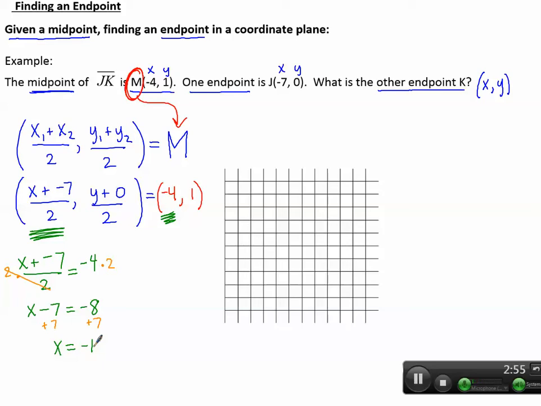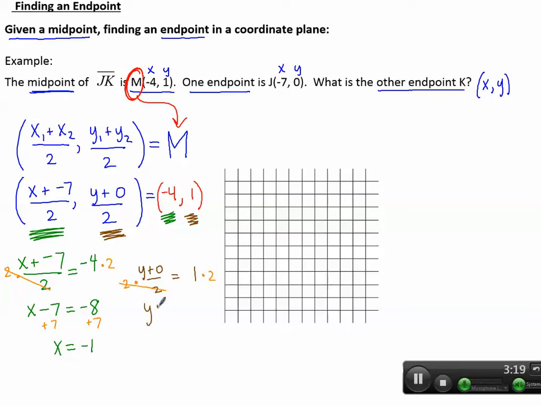Now let's solve for the y's. Here are the y's, and it has to equal this y. So y plus 0 divided by 2 equals 1. How do I start to get the y by itself? Same way we did before. Multiply both sides by 2. That gets rid of the 2.